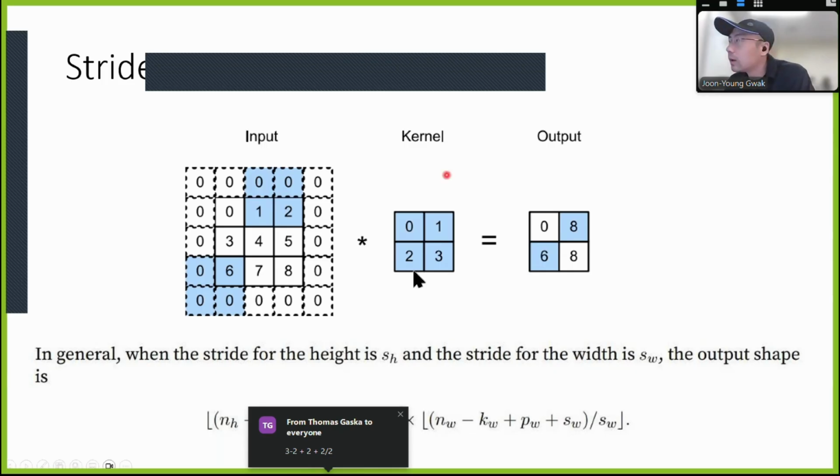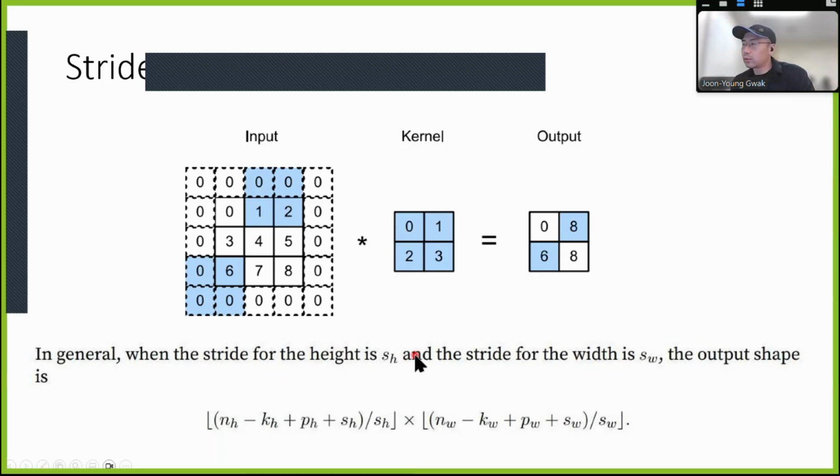For this formula, the n_H is 3, the f_H is 2 and the p_H is also 2. After 2.5, I think you're getting the lower value in the end. 2.5 becomes 2.